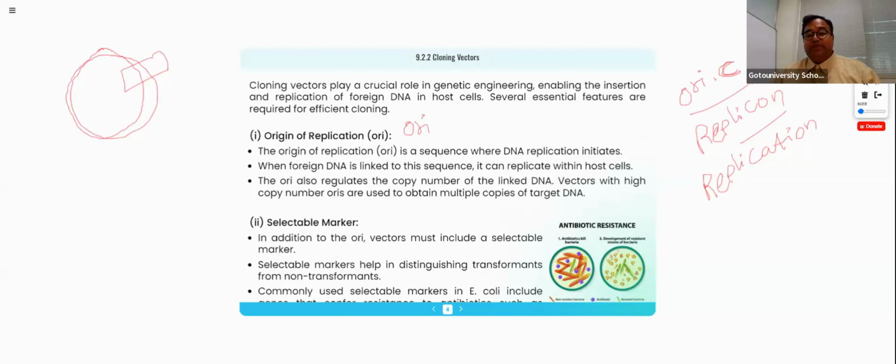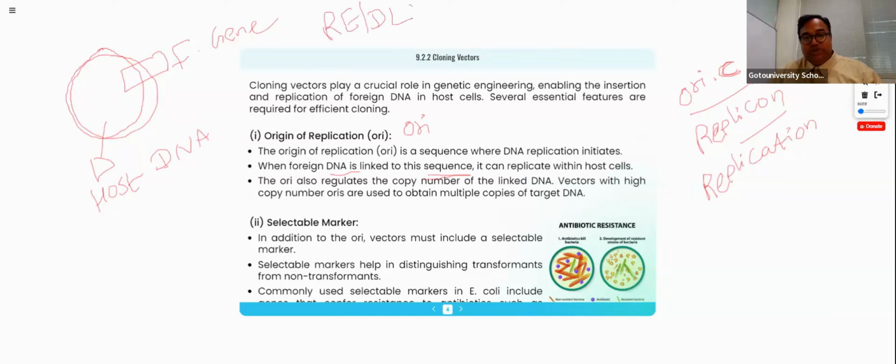In this origin of replication, the foreign DNA is linked to the sequence. When the foreign DNA is linked to the sequence, inside the host cell the foreign DNA is getting duplicated. For example, this is the foreign gene, I am keeping it as F gene, and this is the host DNA, into which we introduce a foreign gene by using two molecular enzymes, restriction enzyme and DNA ligase.